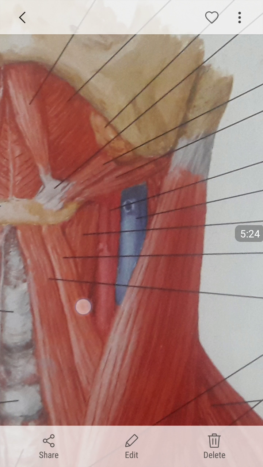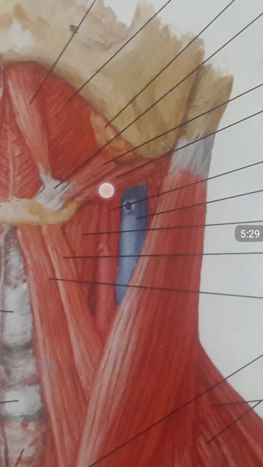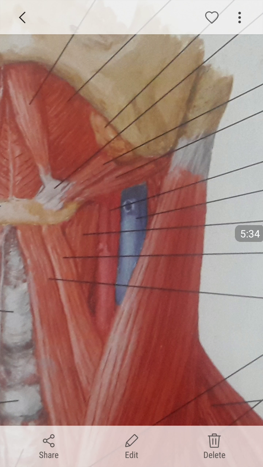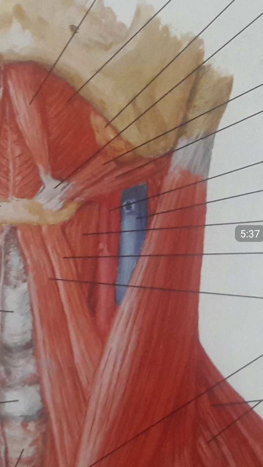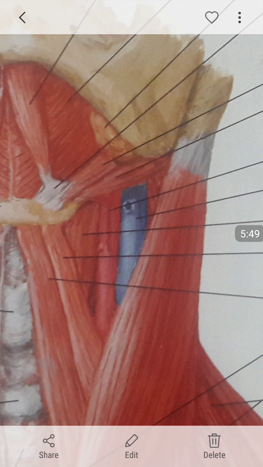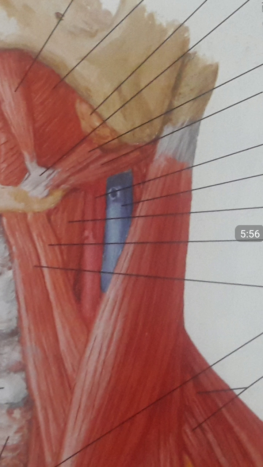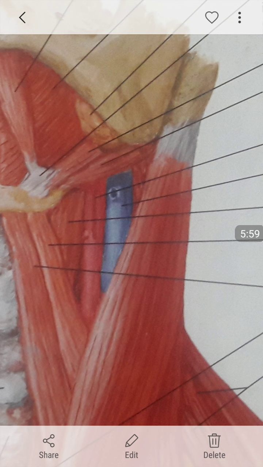Then it has another boundary, the superior boundary, formed by the stylohyoid muscle. Here you can see this muscle getting attached onto the hyoid bone, and posteriorly it takes its origin from the styloid process. So this is the stylohyoid muscle, and again there is the posterior belly of the digastric. Here you can see the carotid triangle.